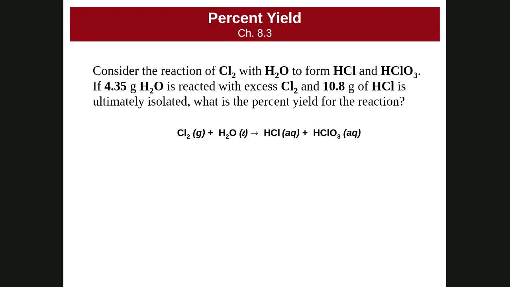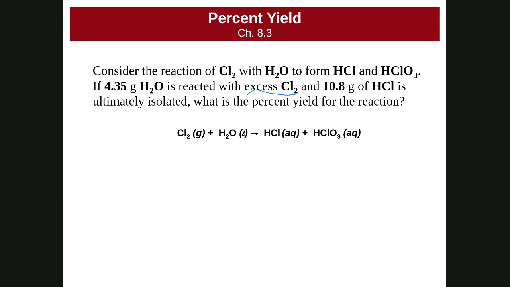Consider the reaction of chlorine with water to form hydrochloric acid and hydrogen chlorate. So we start with 4.35 grams of water, and we react with excess Cl2. So the question is telling us that we don't need to worry about how much Cl2.